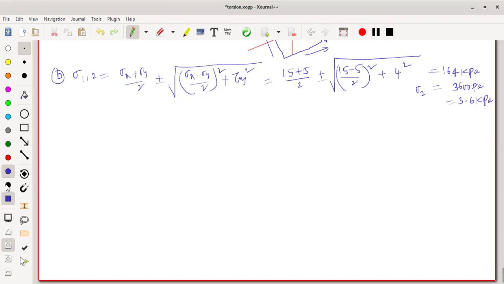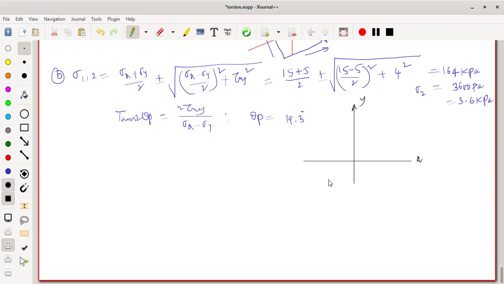Same thing, here you have to calculate theta p also. How you will get it: tan 2 theta p is equal to 2 tau xy divided by sigma x minus sigma y, is the formula only. So from this one you can get theta p. If you substitute everything in this one, the theta p you get is 19.3 degrees. For this one you have to draw the element orientation, same thing. It is x and it is y and it is an inclination of x dash plane.